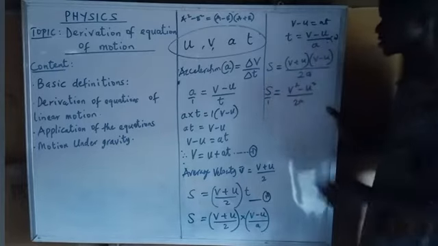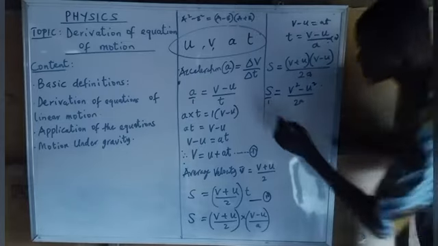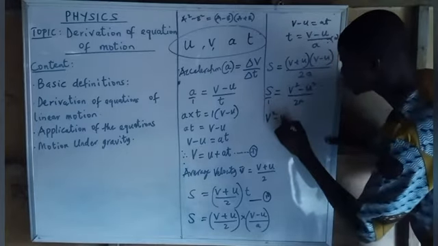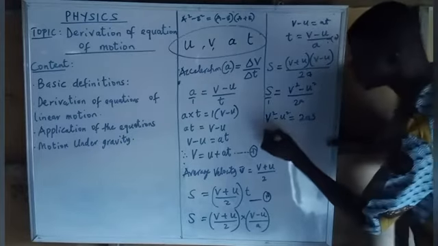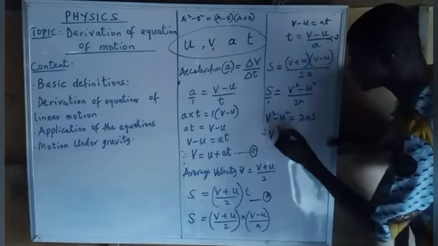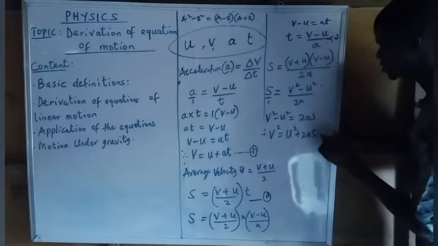Let's say this is over 1. If you cross multiply, it's going to give us V squared minus U squared is equal to 2AS. And invariably, therefore, V squared is equal to U squared plus 2AS. This is equation 3 of motion.